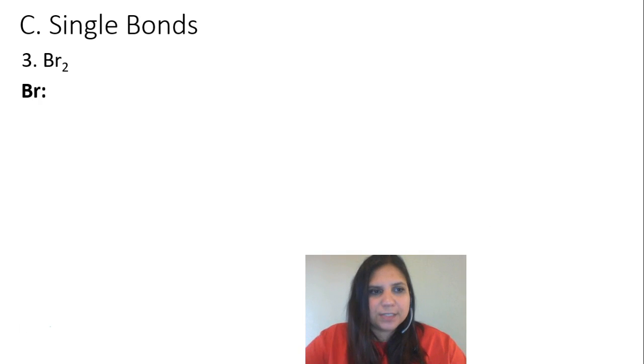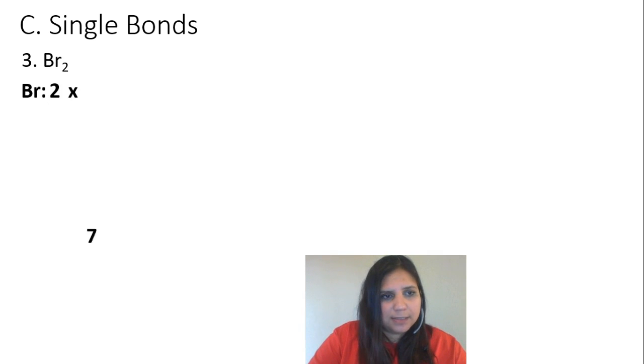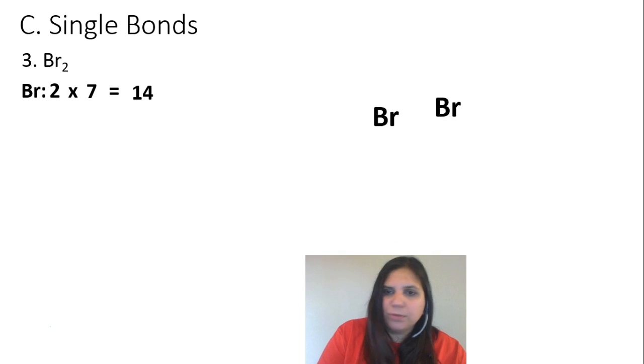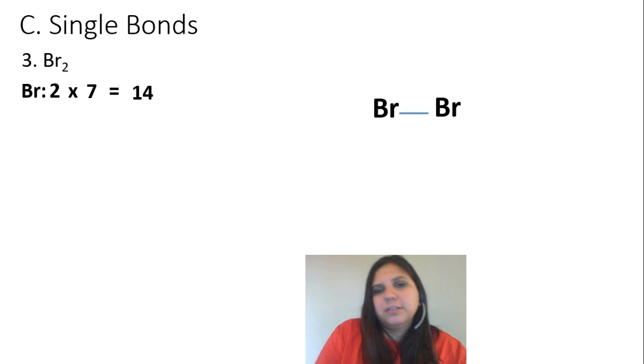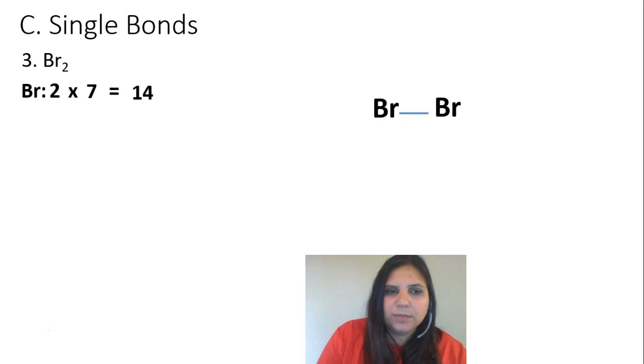Okay. Next example is bromine. We have 2 bromines, so 2 times 7, that's 14 in total. And since there's just 2 bromines, we'll draw 1 bromine as a central atom and the other one as the outside. Next step is to draw a single bond, so that takes care of 2 more electrons, leaving us with 12.